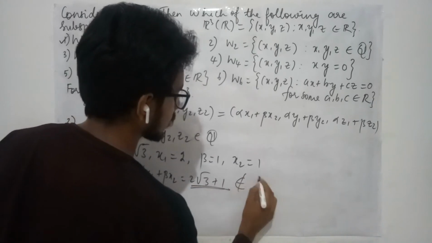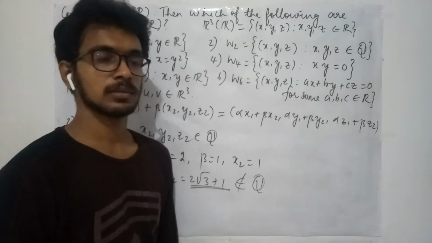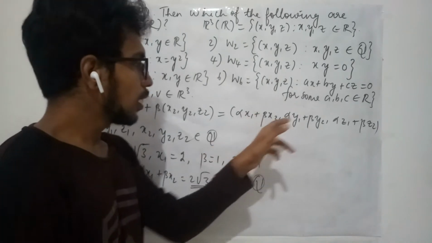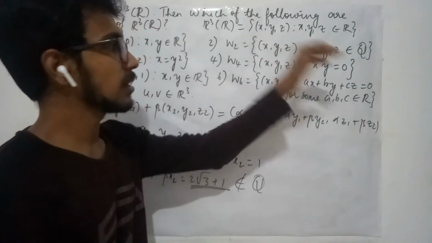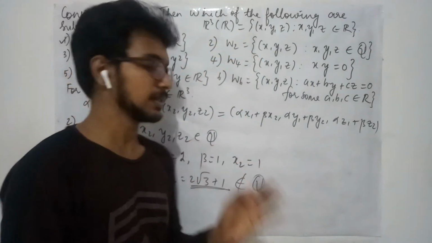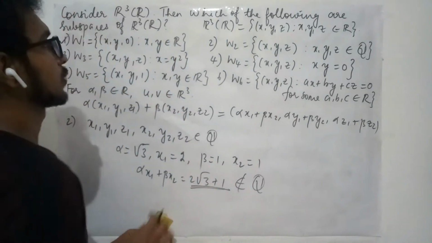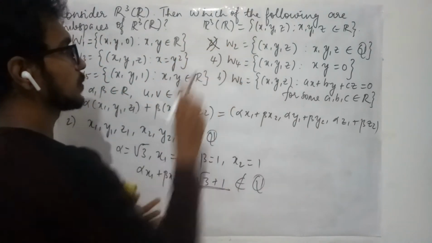This is not a rational quantity, right? So all the three things have to be rational quantities so that I can say this W2 forms a subspace. Here I am not getting that in general, therefore it is not a subspace.